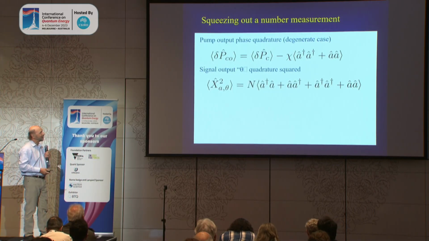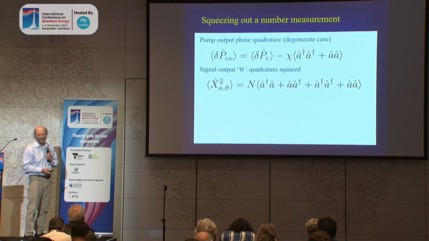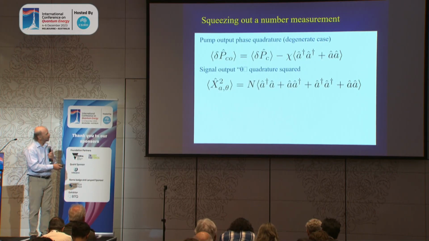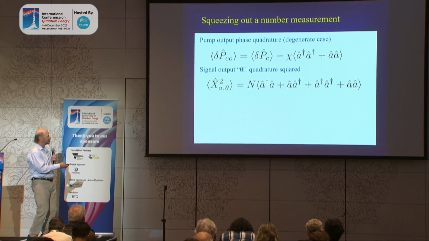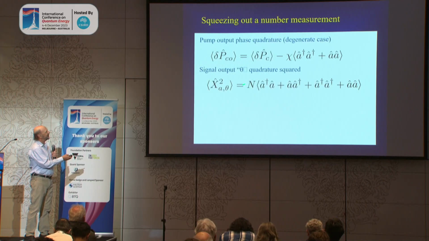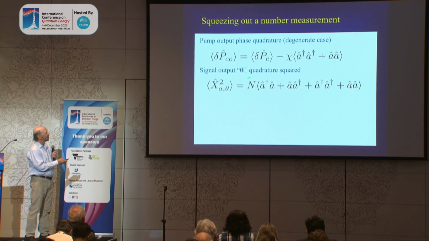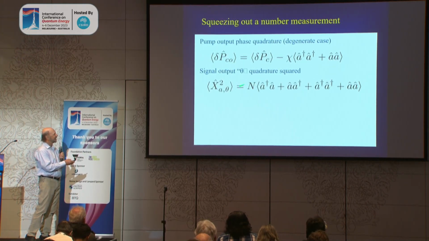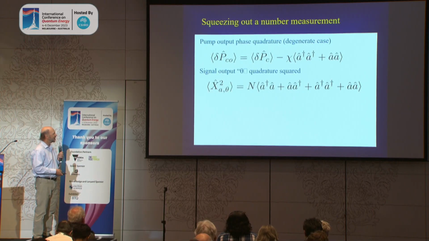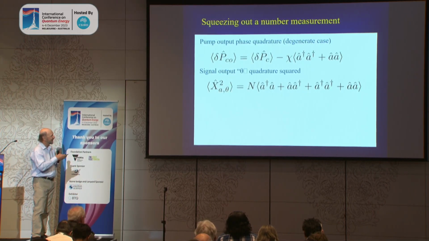That angle is picked dependent on the squeezing parameters of the crystal. But anyway, you'll just have to trust me that you can do this in such a way that when you square that amplitude, you get an expression like this, with a scaling term out the front, which again depends on the angle theta and the squeezing.